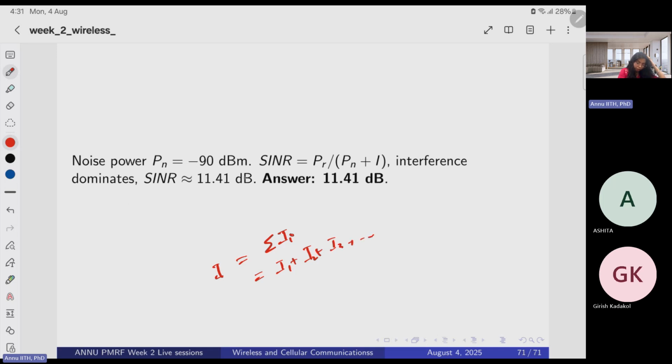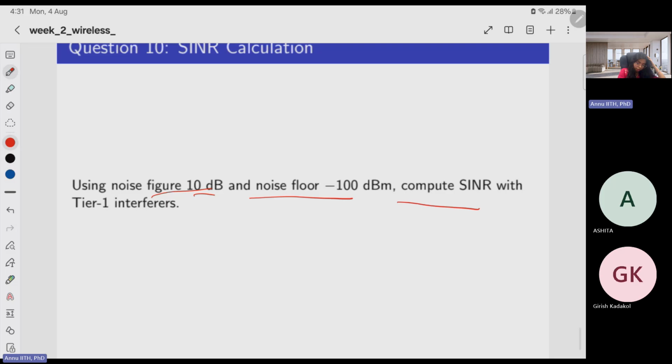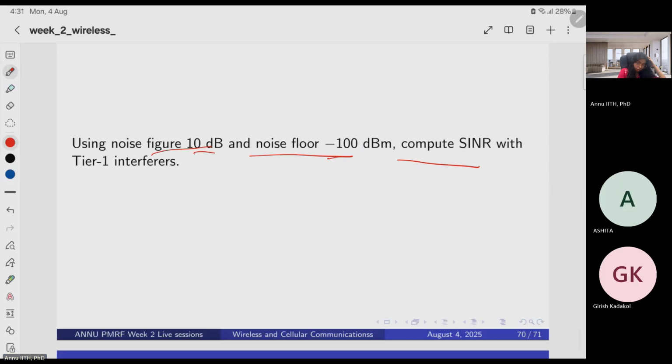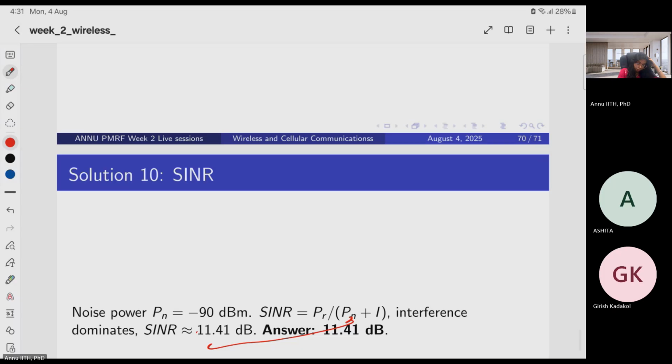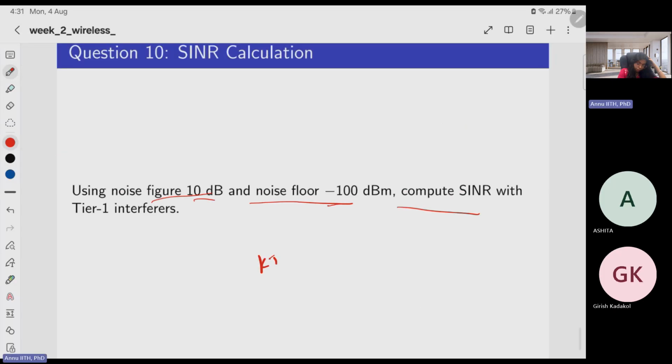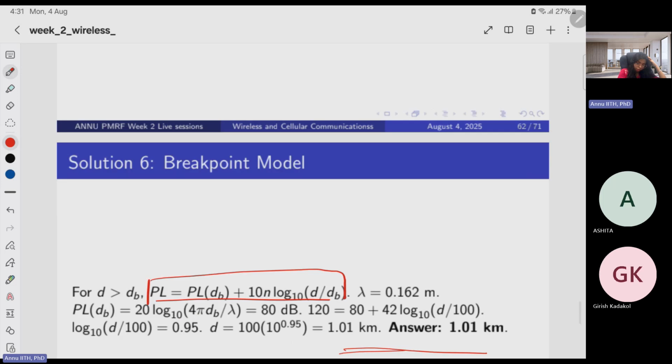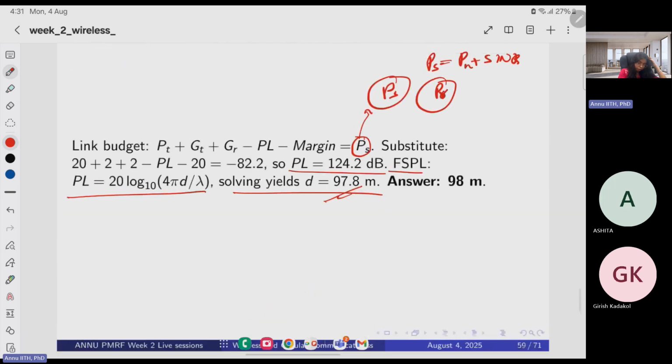We have to put it in this formula, and PN is given, using the noise figure 10 dB and noise floor, noise power kTB, noise figure. Noise floor is minus 100 dB. If the question is incomplete, I'm so sorry for that. I'll take previous year questions.